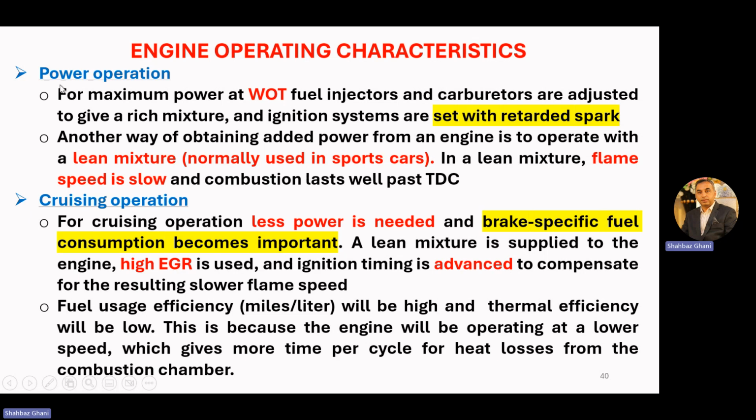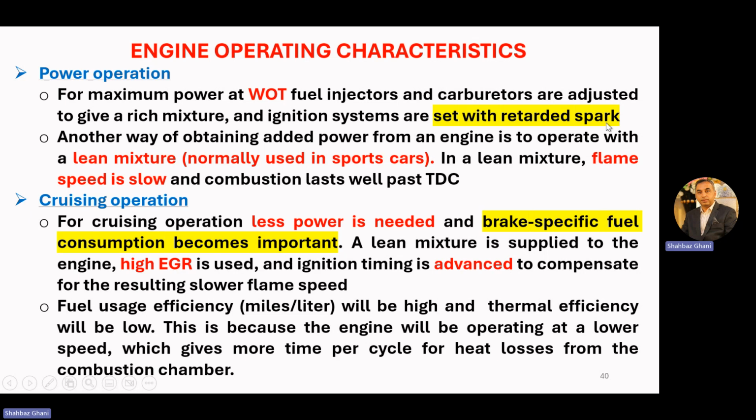Let's see. First, in power operation, for maximum power at wide open throttle, fuel injectors and carburetors are adjusted to give a rich mixture, and ignition systems are set with retarded spark plugs.